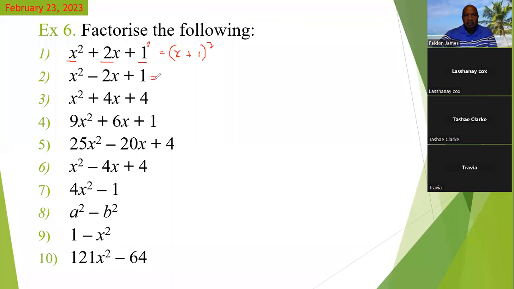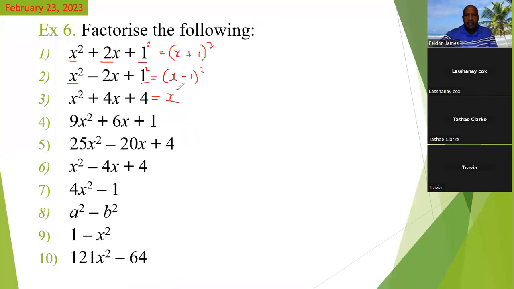Next one. For the same reason, so this equals what now? x, I put the sign of the middle term, which is minus, all squared. Yes, sir. All right, this one now, what would this one be? 4 can be written as 2 squared, sir.